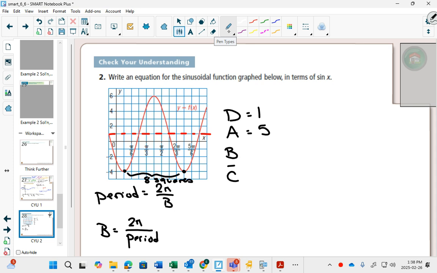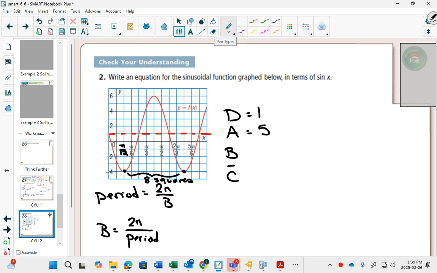But squares isn't a good unit, but you see that 8 spaces in between? How much is one space on this graph? Well, 2 spaces is pi over 6. Does it make sense that 1 space is half of pi over 6, which would be pi over 12?